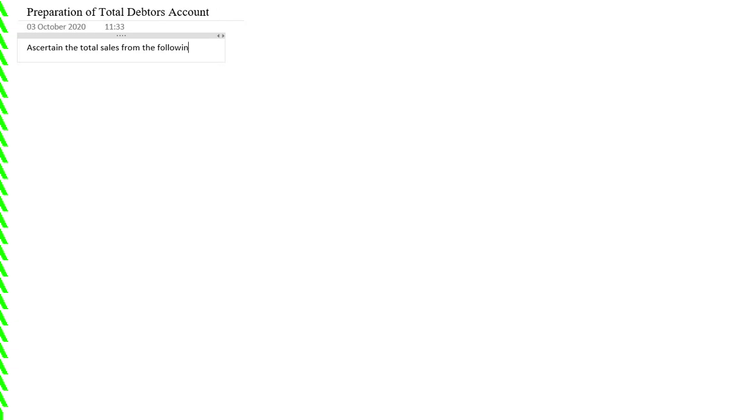So here we have given data like this here: total debtors as on 1/4/2018 amounted to rupees 18,000. Then total debtors as on 31/3/19 amounted to rupees 17,000.